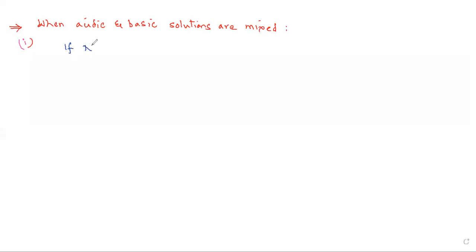See, if NaVa is equal to NbVb. Just now I told that N into V is the number of equivalents.